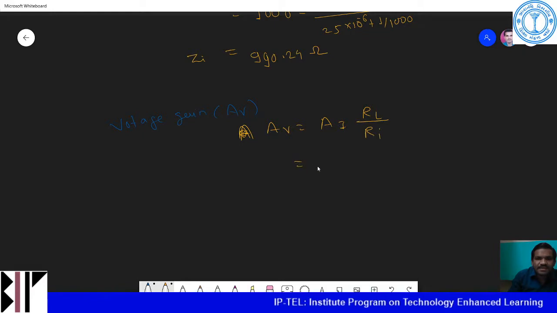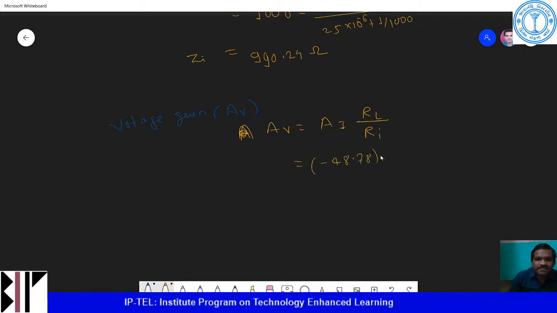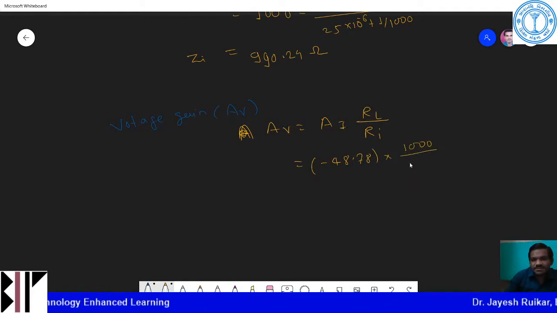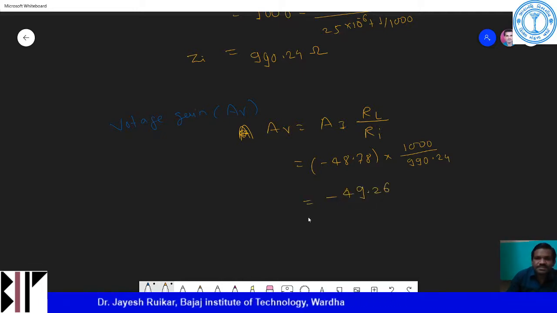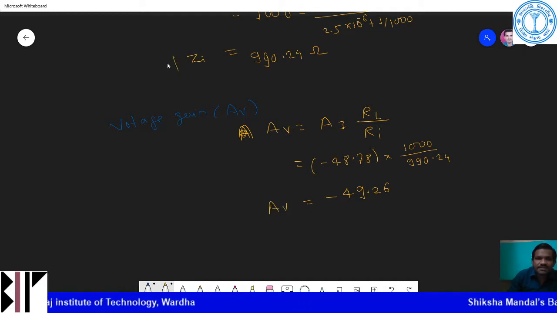Okay, that we have, that is minus 48.78. This we have just calculated, multiplied by load resistance value divided by your input resistance, that is ZI or RI, which is 990.24 ohm. So that comes out to be minus 49.26. Okay, this is the value of your AV. This is ZI.